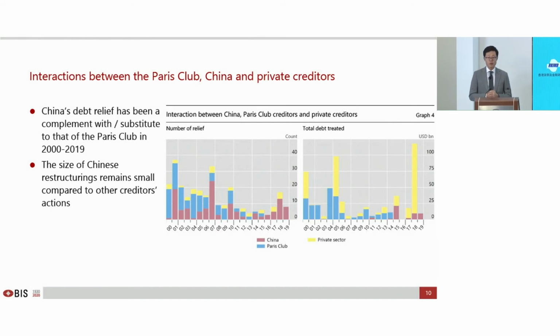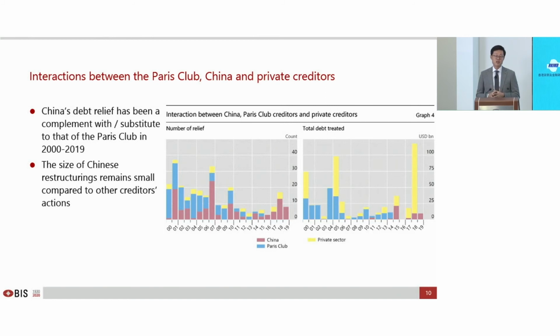One thing we notice is the red bars have been there, right? China's debt relief operations have been an important complement to the Paris Club restructurings in the first decade after 2000. From 2000 to roughly 2015, you can see the blue bars are very much there together with the red bars.